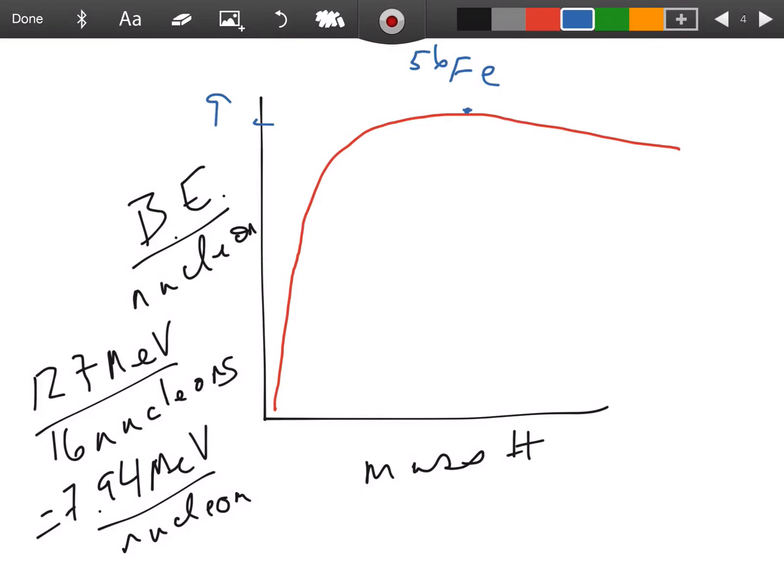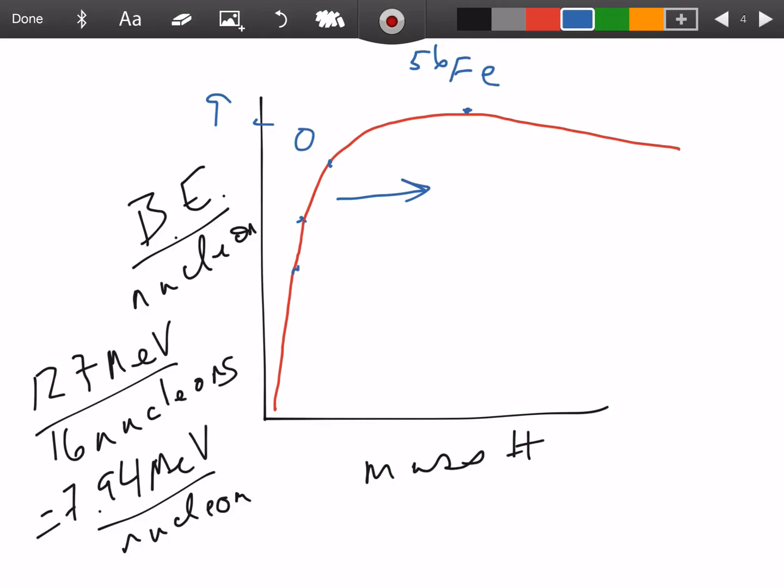So oxygen is coming in at about 8, and so oxygen is sitting somewhere around here maybe, right? Helium is down below that, hydrogen is down below that, and so what we find is that the atoms to the left of iron-56 are all trying to get their nuclei to be more stable, and so these atoms tend to work towards iron-56.